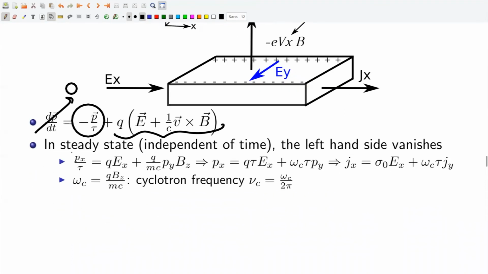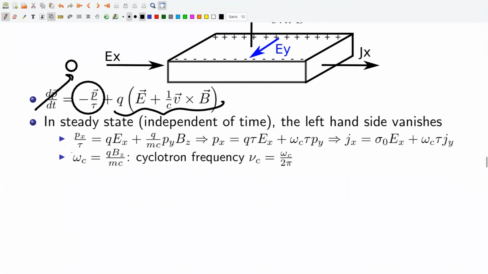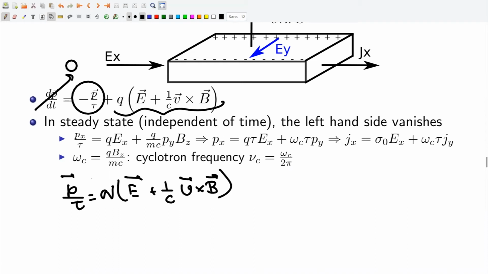So now the equation can be written as p by tau is equal to q(E plus 1 by c v cross B). q is the charge of the electron, tau is the relaxation time, this is the electric field, v is the velocity, B is the magnetic field, and c is the speed of light.